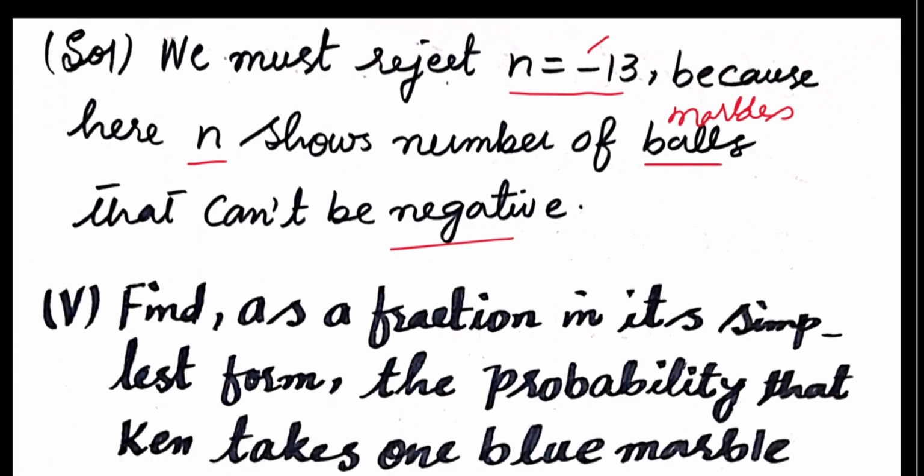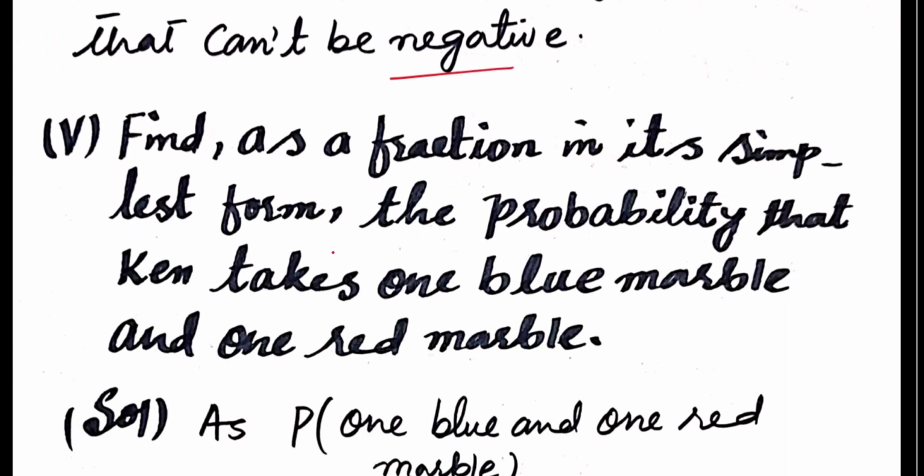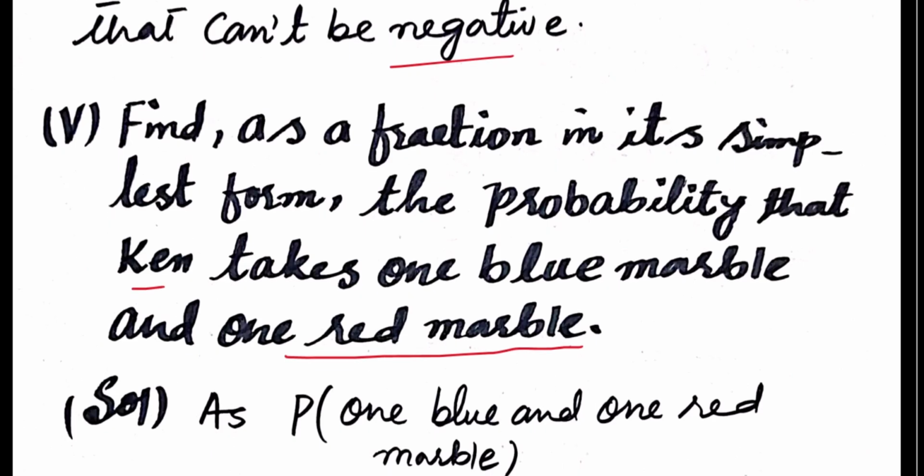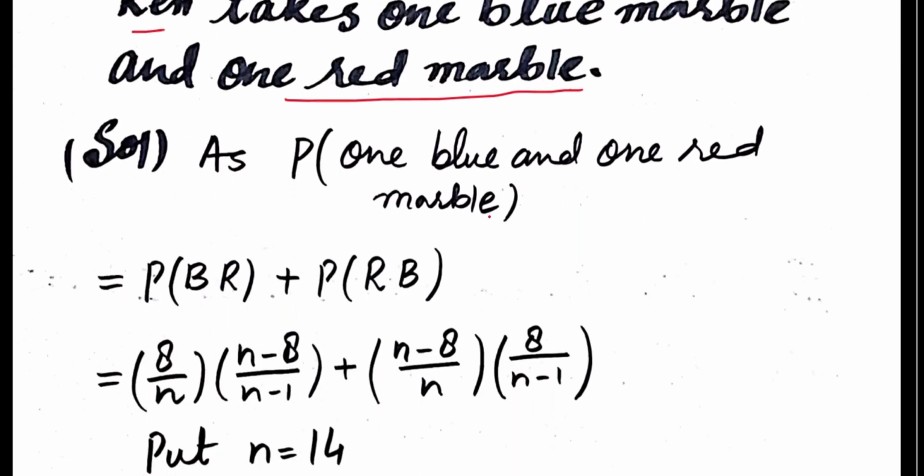Find as a fraction in its simplest form the probability of taking one blue marble and one red marble. The probability of one blue and one red marble is given by either first is blue, second is red, or first is red, second is blue.